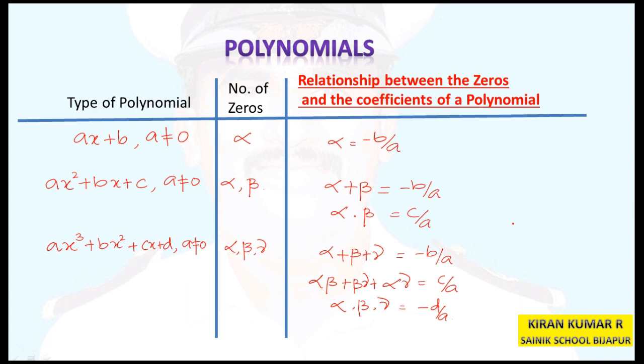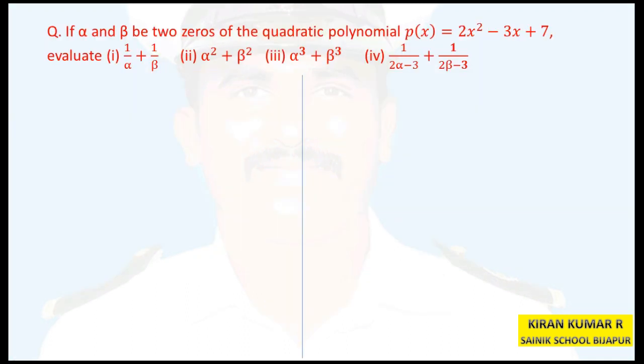Let's take a question. If alpha and beta are two zeros of the quadratic polynomial p of x equal to 2x square minus 3x plus 7, evaluate: first one is 1 by alpha plus 1 by beta.